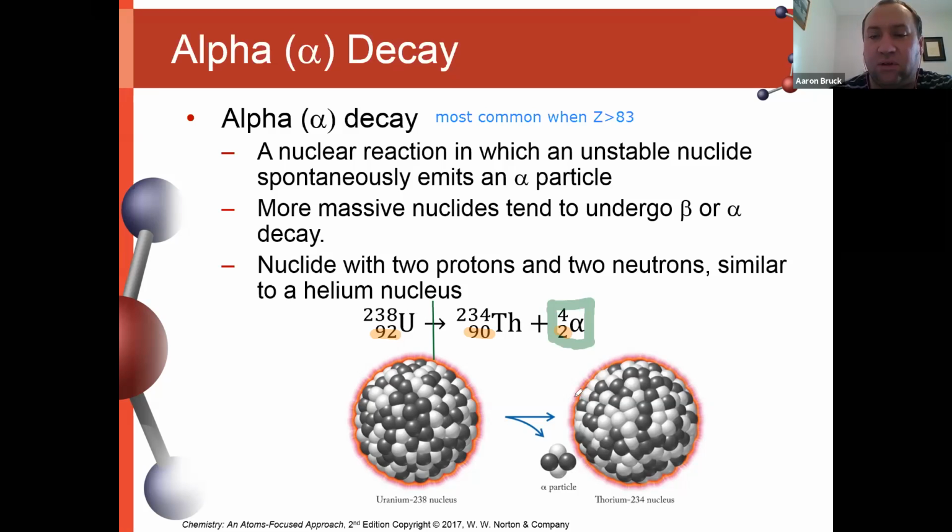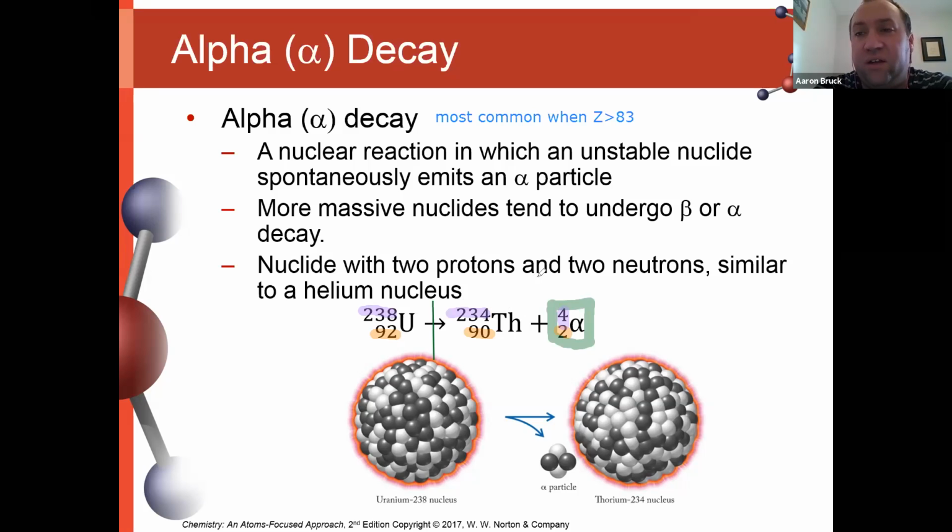Similarly, I started with 238 nuclear particles in uranium, and when I add together the 4 in the alpha particle and the 234 in the thorium, I get 238 there as well.